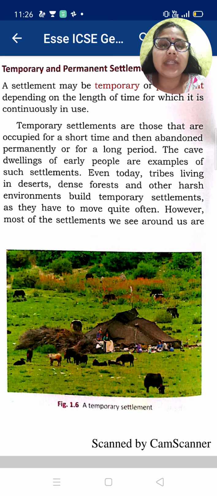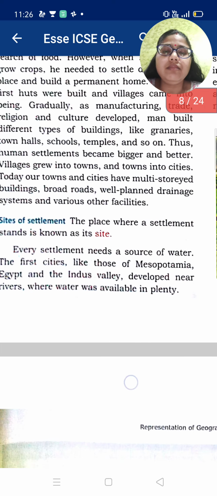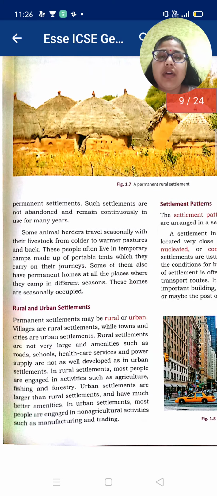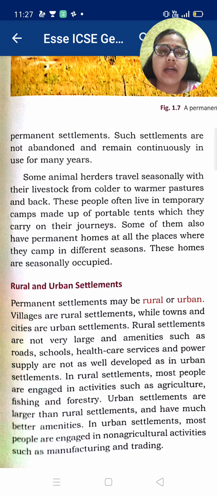However, most of the settlements we see around us are permanent settlements. Okay, so we can see so many settlements these days in and around us. They are permanent settlements. Such settlements are not abandoned, they are not left behind, and remain continuously in use for many years.